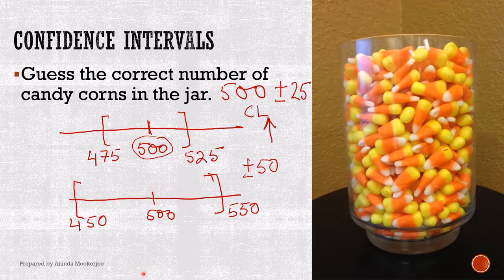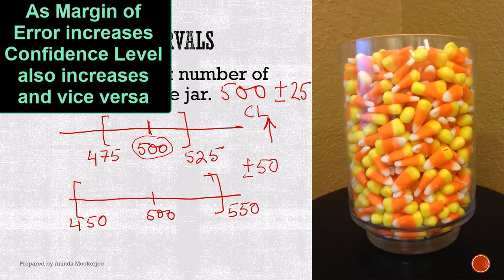Now, one thing I want to mention here is what happens as we increase the margin of error. As we increase the margin of error, our confidence level goes up. So when we were told our margin of error is 0, and that means we have to guess the exact number of candy, our confidence level was practically 0, right? When they gave us a margin of plus minus 25, our confidence level increased, right?